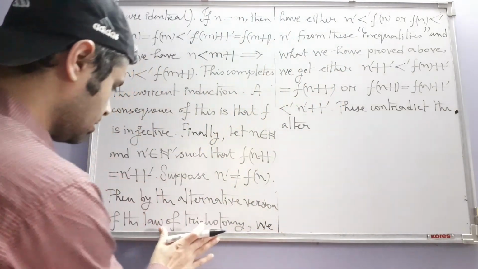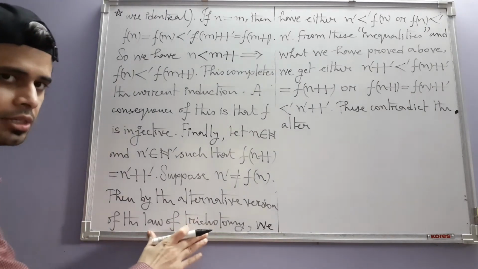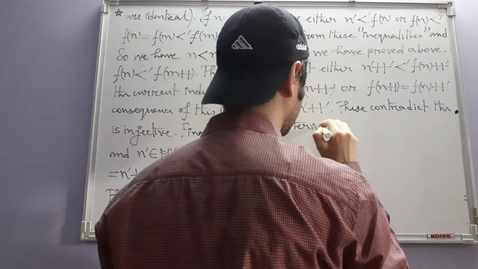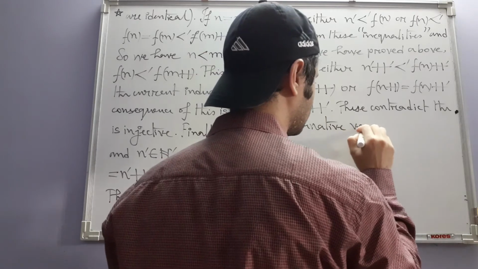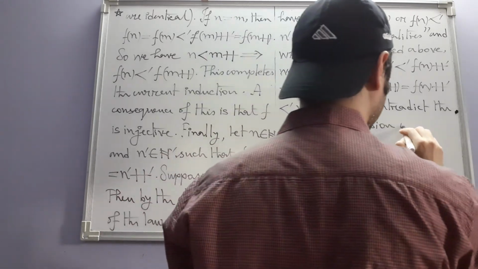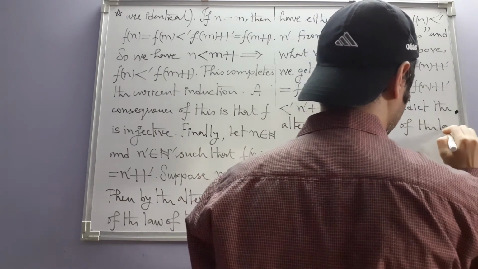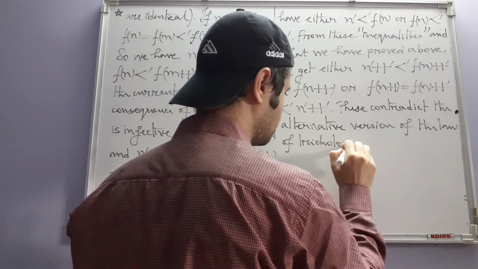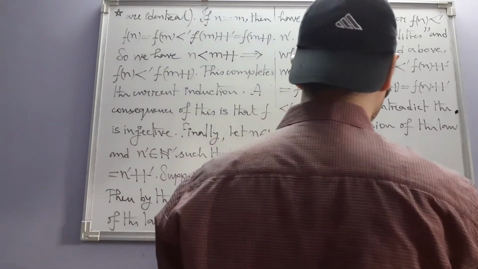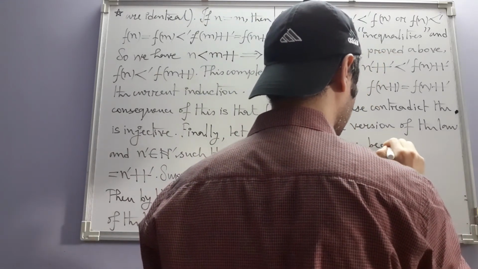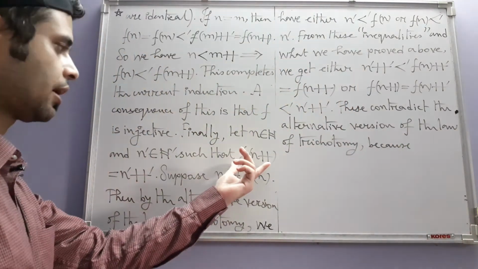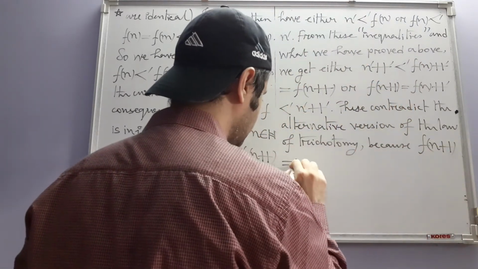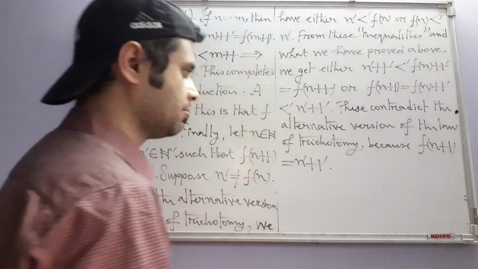I can't remember the theorem or lemma number, so I had to use the actual name, trichotomy, whatever you may call it, because of our hypothesis f of n plus plus is actually equal to the alternative successor of n prime.